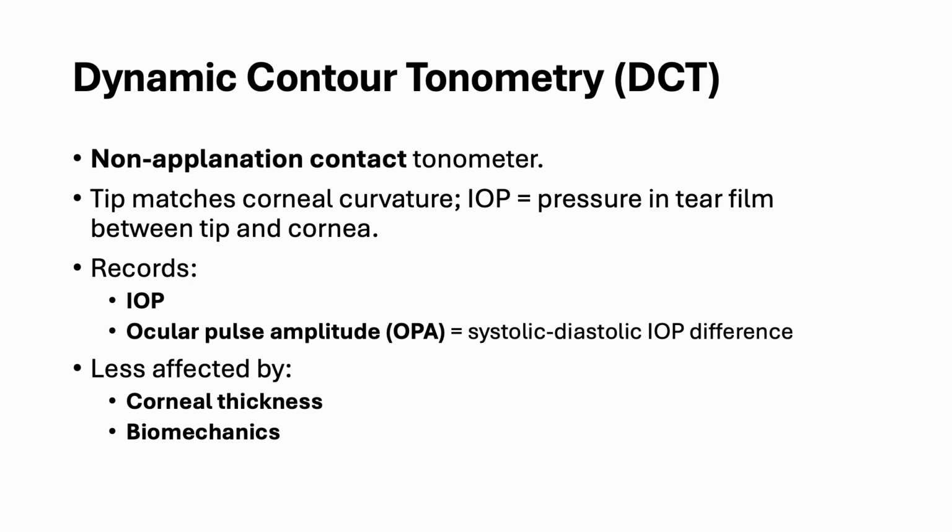An added bonus is that it records not only the intraocular pressure, but also something called ocular pulse amplitude, or OPA. That's the difference between systolic and diastolic IOP, giving insight into ocular blood flow dynamics. Importantly, DCT is less affected by corneal thickness and corneal biomechanics, which makes it a more reliable option in eyes where these variables might otherwise skew measurements.